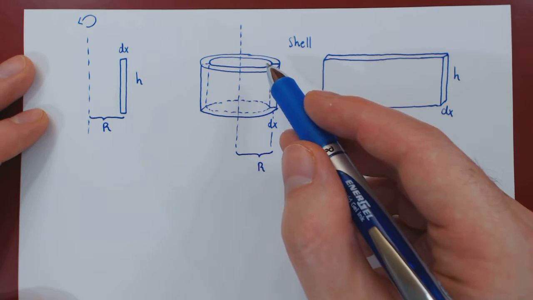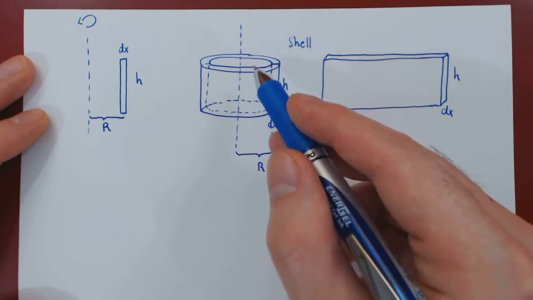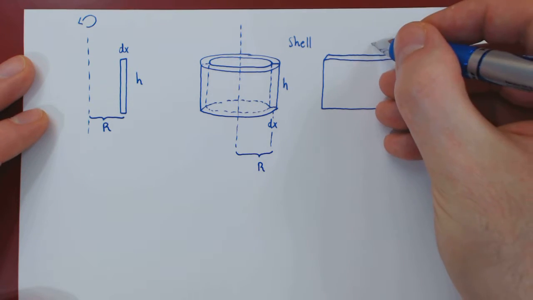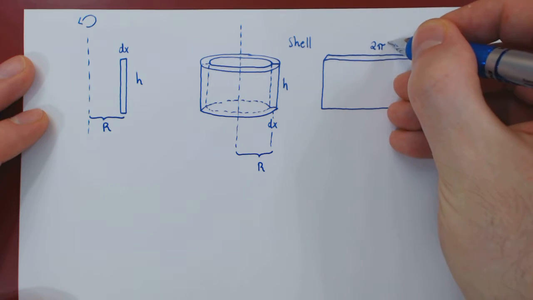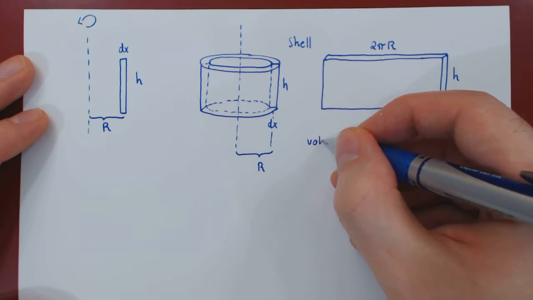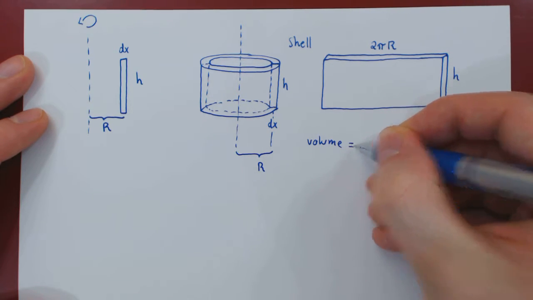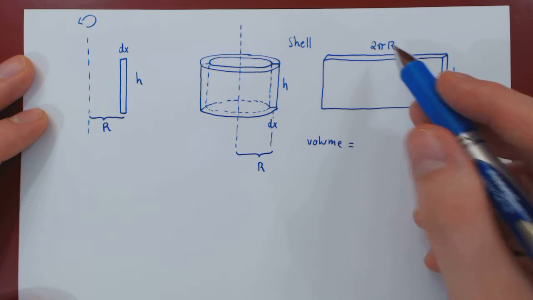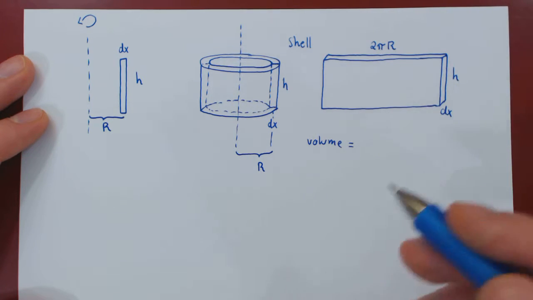With the radius of the shell, the circumference is 2 pi r, but the circumference, of course, is the length of the rectangular prism. And so we have the volume of our little shell: the area of the rectangular prism, so the length times the height, so 2 pi r h.